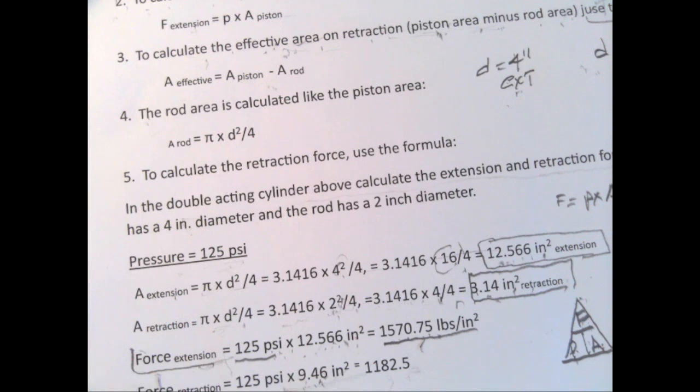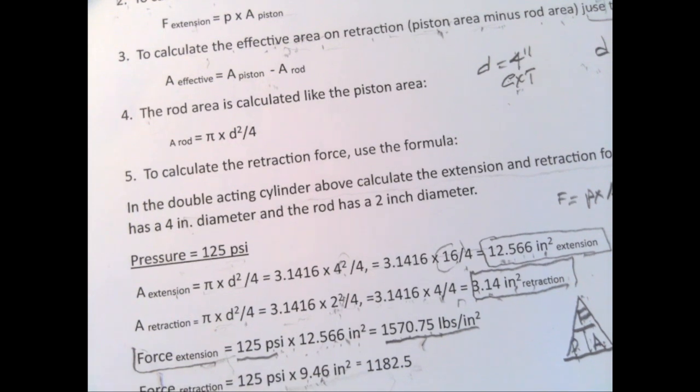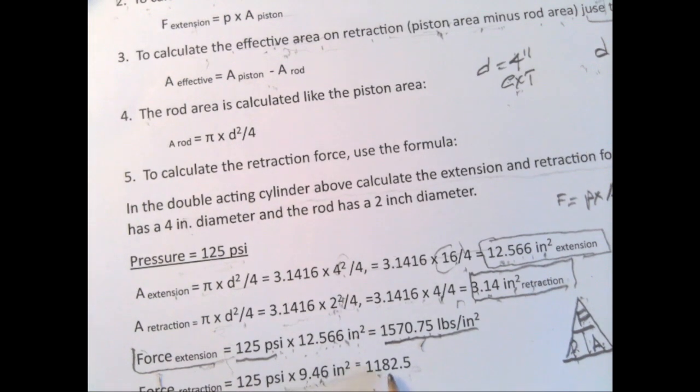So when you multiply 125 psi times 9.46, you're going to get 1,182.5 pounds.